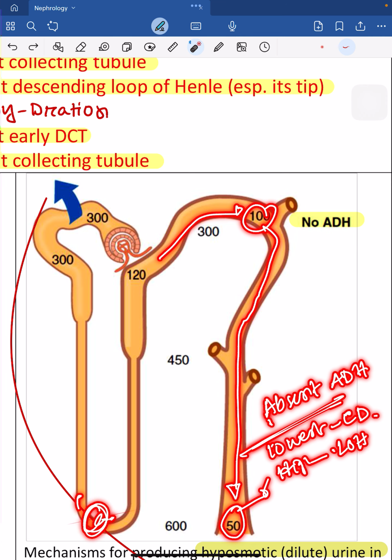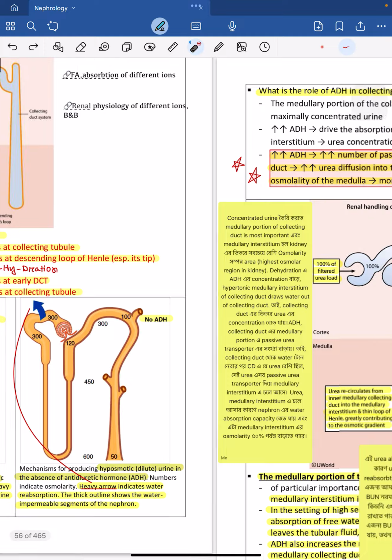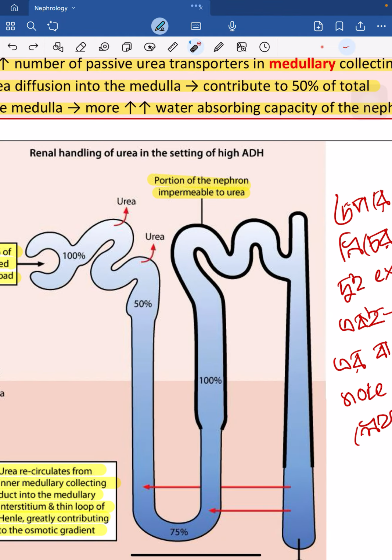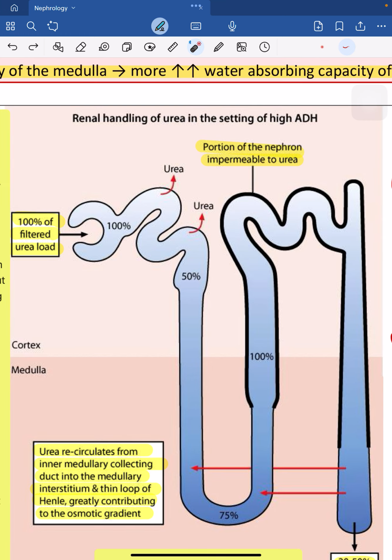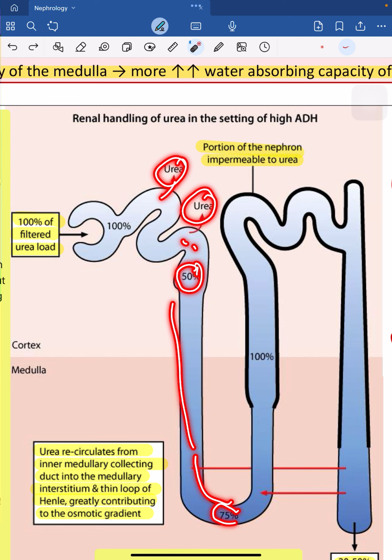Then I'm going to discuss the effect of urea on water absorption, and also the effect of ADH. So urea is absorbed in the proximal convoluted tubule, then it comes to the loop of Henle, then through the ascending limb of loop of Henle it comes to the medullary portion of the collecting duct.